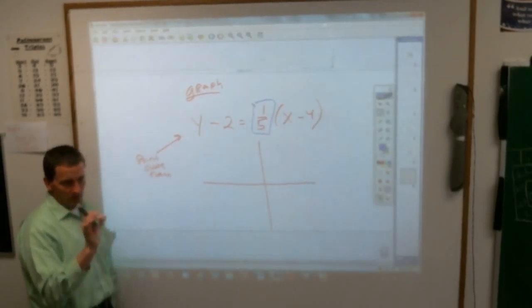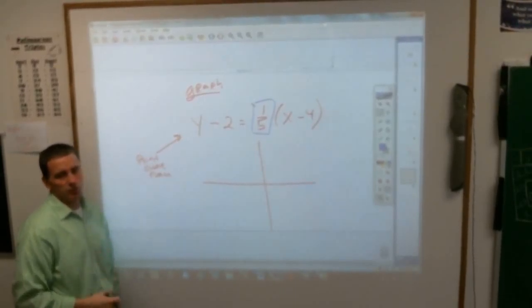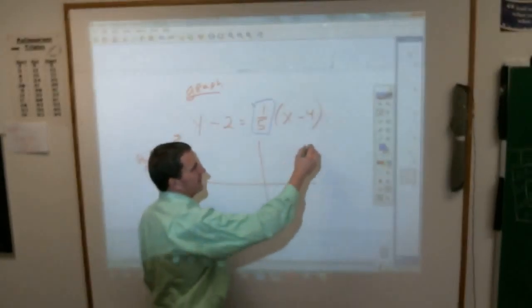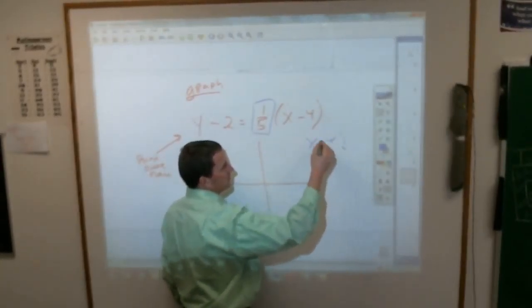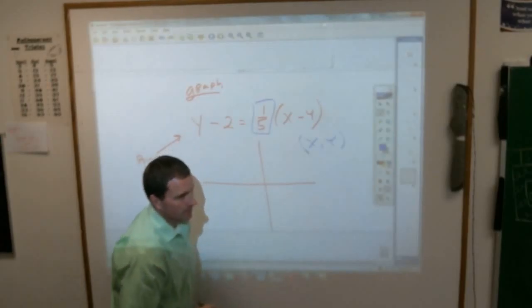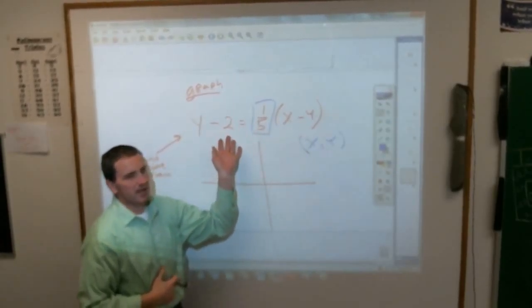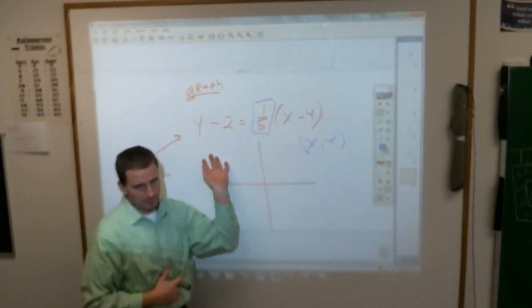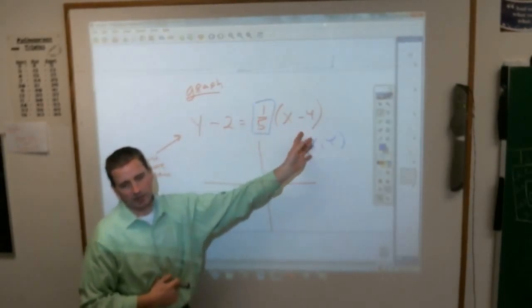Here is what you need to asterisk that you will get wrong. What is the point that I know? This is my x, this is my y. What point do I know, Kelvin?